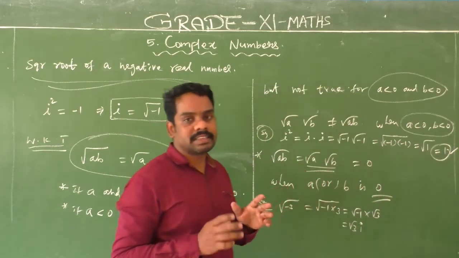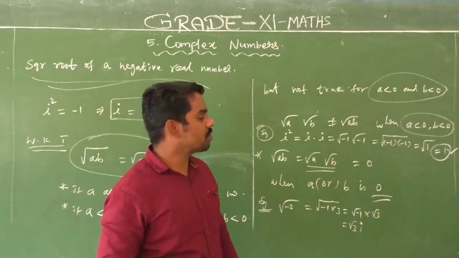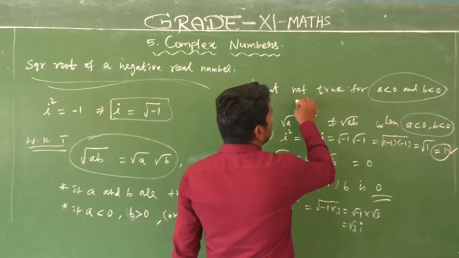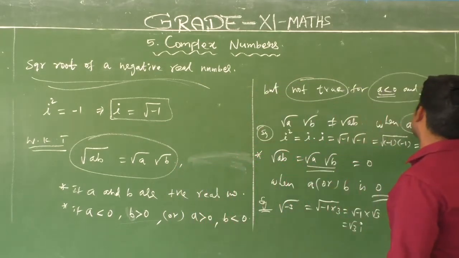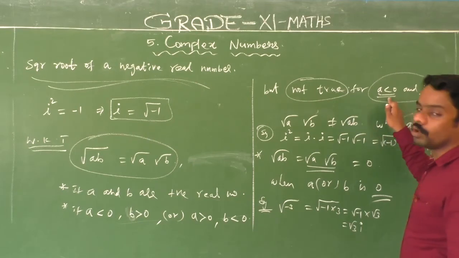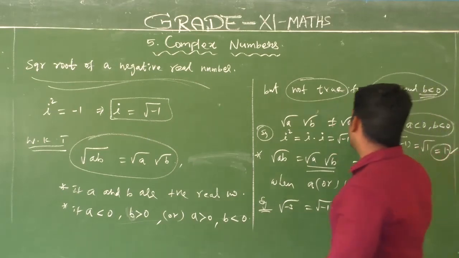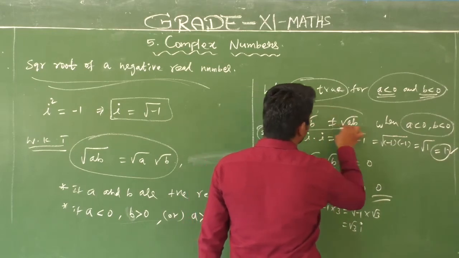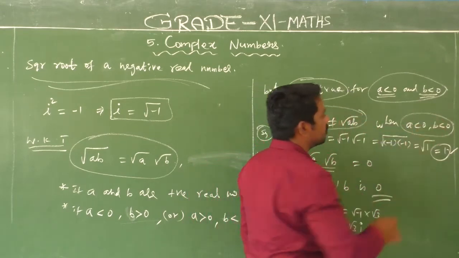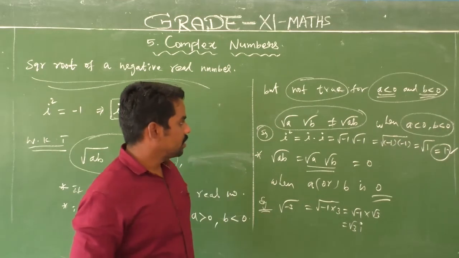The two values are different, so it is a contradiction. So it is not true when A is less than 0 and B is less than 0, that is, both numbers are negative. So root A into root B is not equal to root of AB when A is less than 0 and B is less than 0.